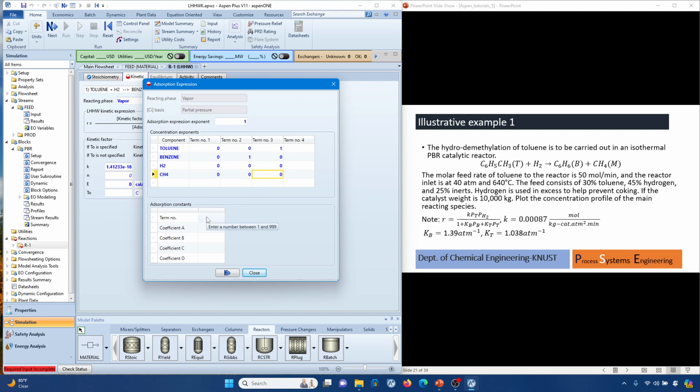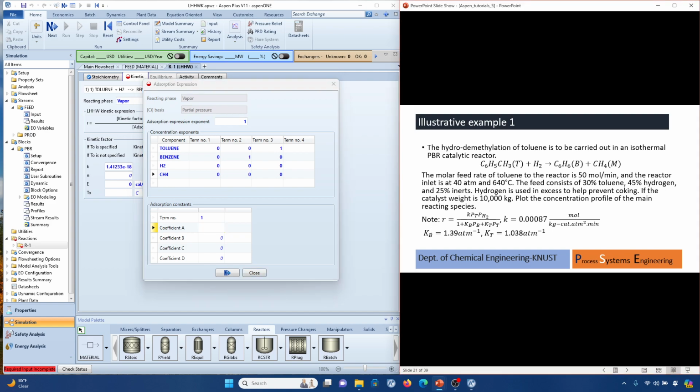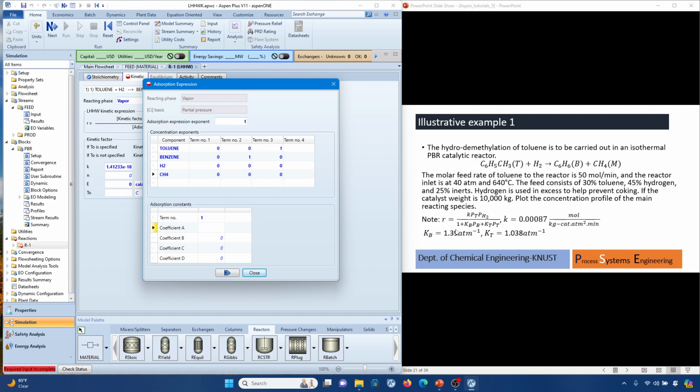So for the first term, term number 1, since this is 1 here, our constant assumes that value of 1. So the coefficient A, remember when we went through the steps, this is how to indicate the value is 1 by setting all the terms to 0.